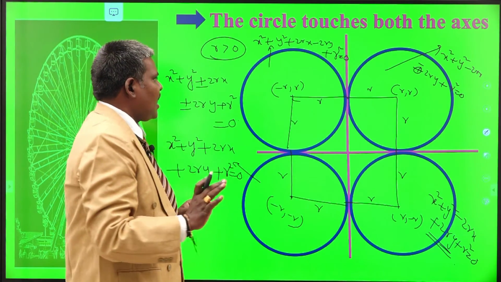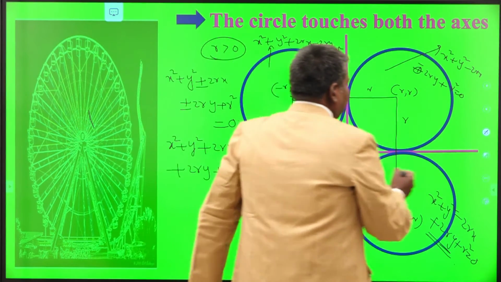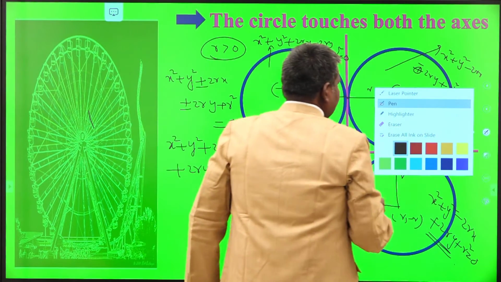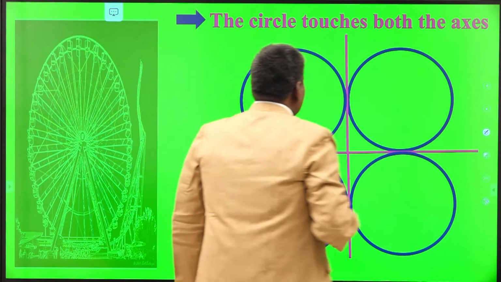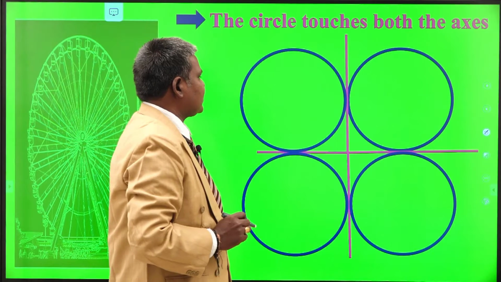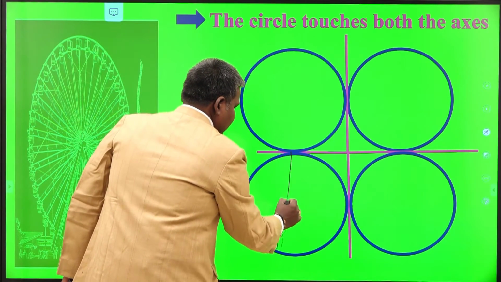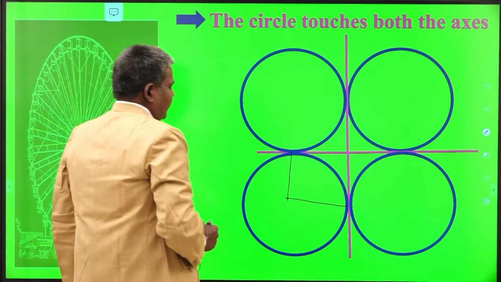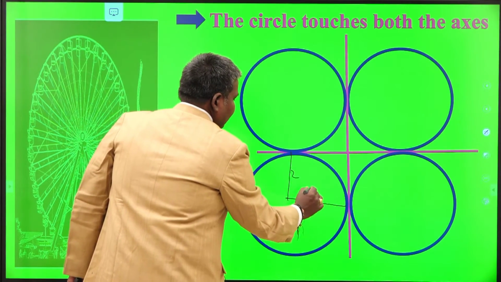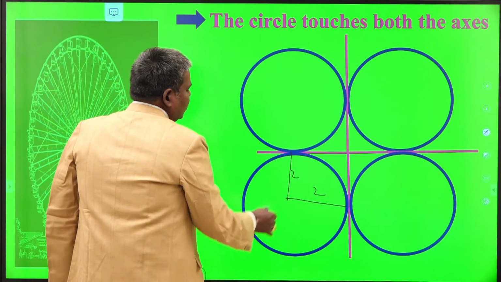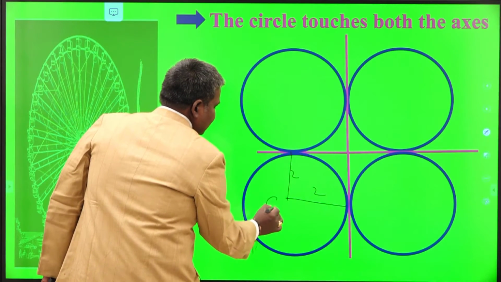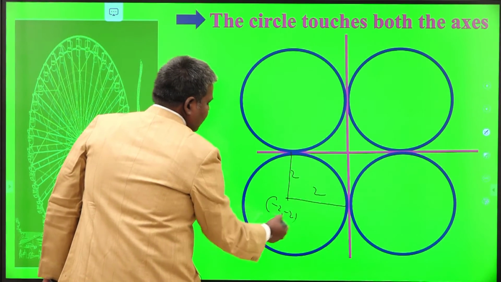Suppose your circle having radius 2 units touches both coordinate axes and is in the third quadrant. Suppose they are asking in this manner. This is the circle having radius 2 units touching both the coordinate axes. That means here the center is what? Minus 2 comma minus 2.